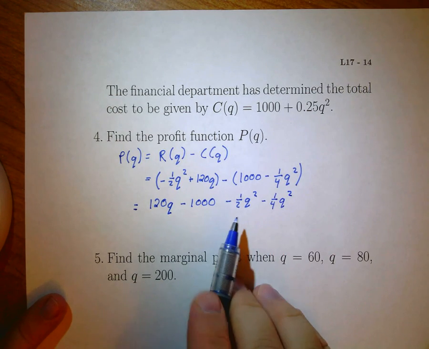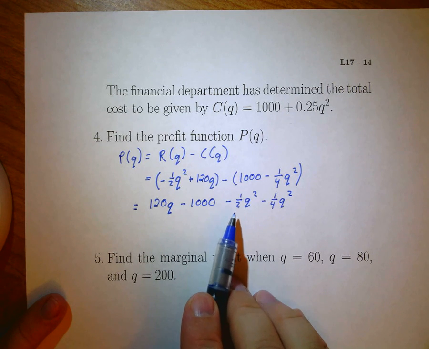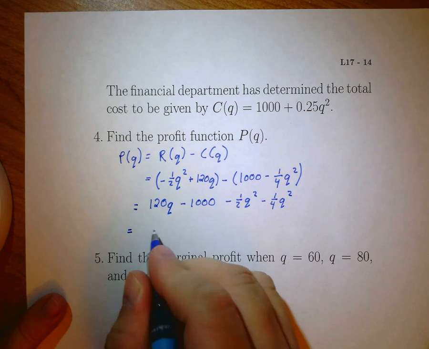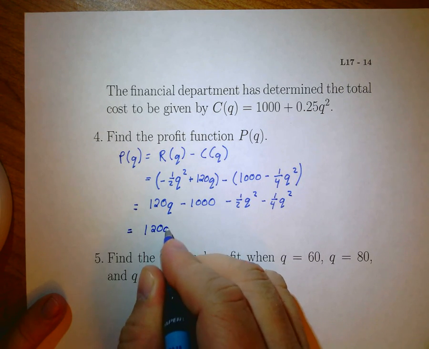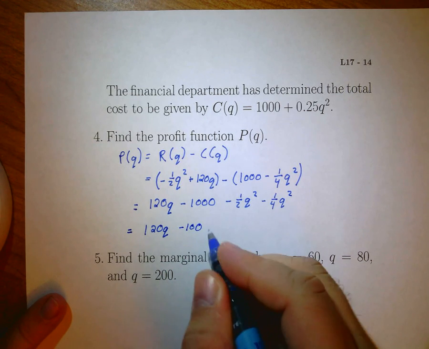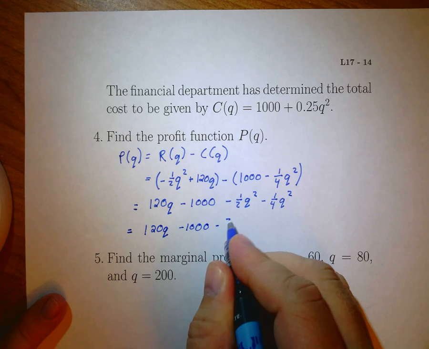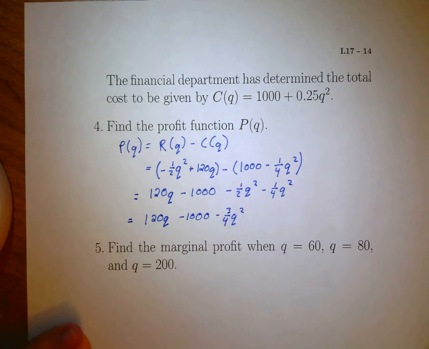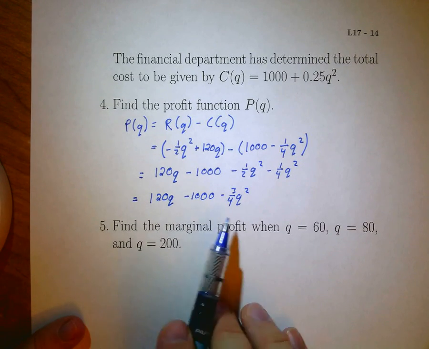So you can think of this as 2 over 4, so negative 2 over 4 minus 1/4 is negative 3/4. So that's just going to be equal to 120q minus 1000 minus 3/4 q squared. And that's going to be our profit function.